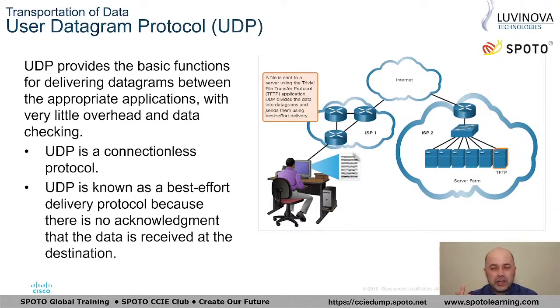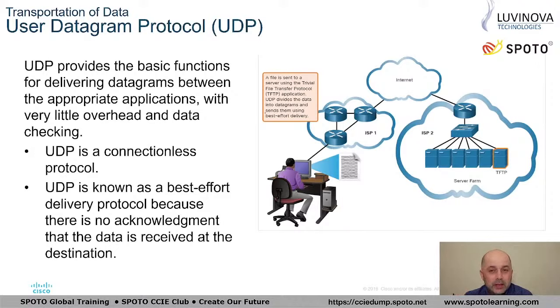There is no double checking of whether the sequencing numbers of certain pieces arrive at the destination point, and then the destination asking the source to resend the data. UDP doesn't have this. That's why this missing part makes this protocol much faster.